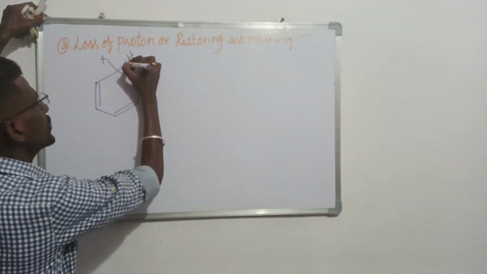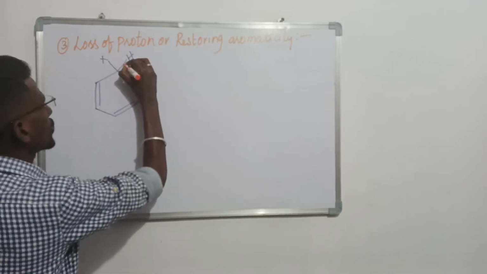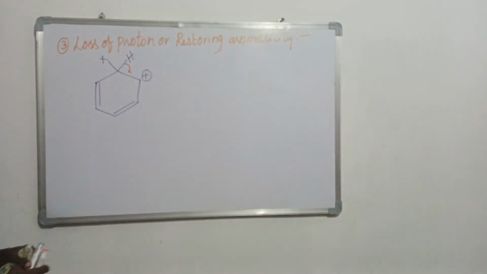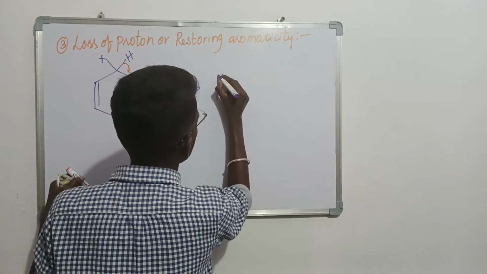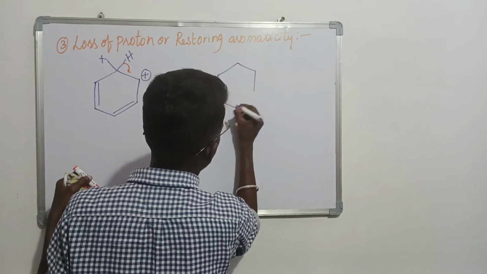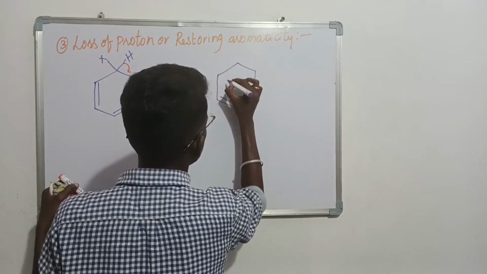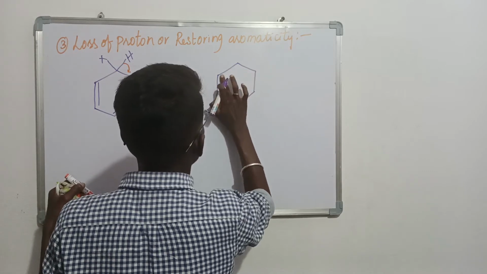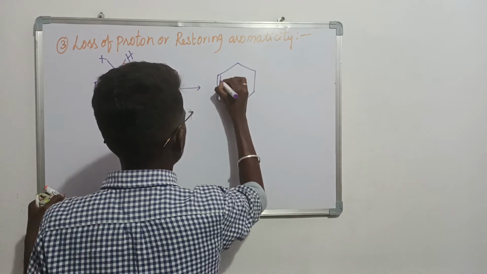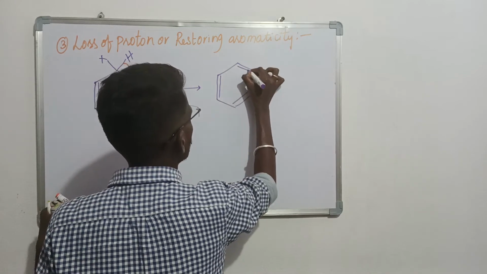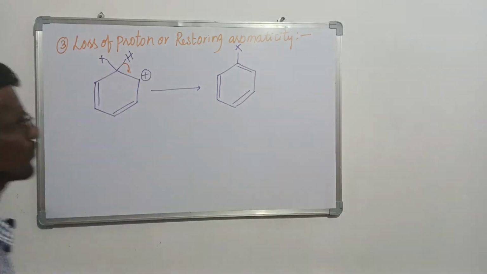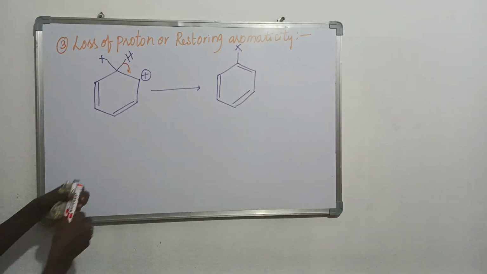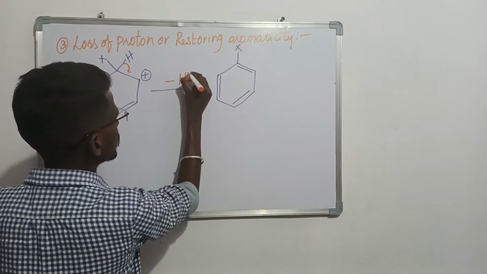So this benzene loses one proton and it will be converted into halobenzene as a product. The double bond system becomes here and this product will be formed. So here the H plus ion will be released.